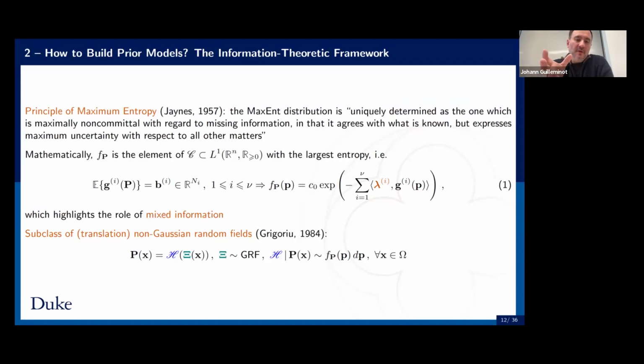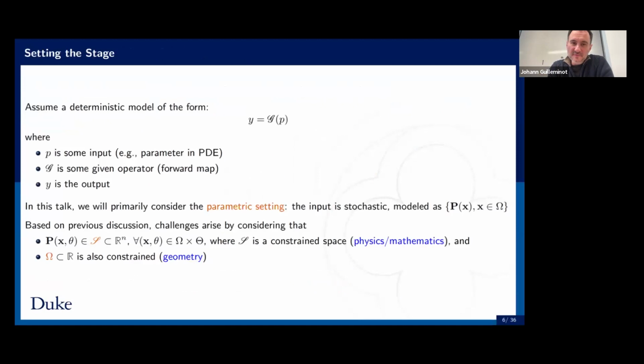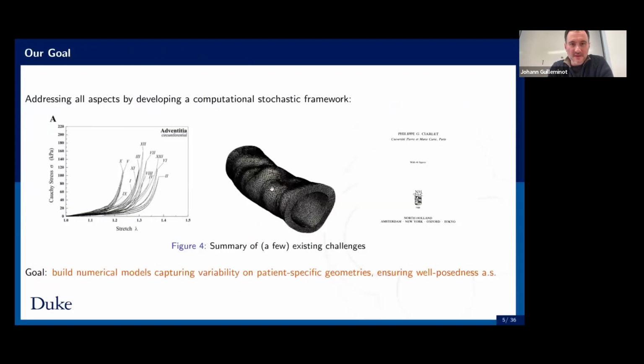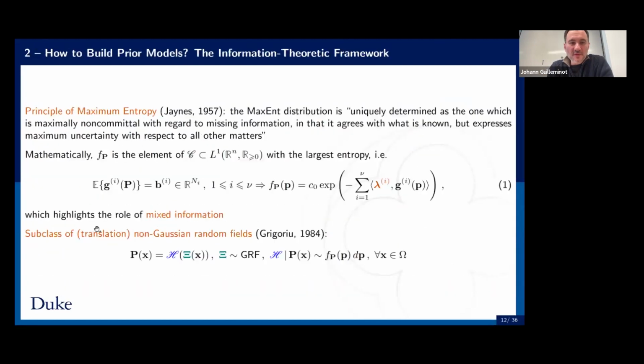Now, the way I'm going to use it, because remember, the goal is that I want to model stuff like P, okay, that are going to model this on that. To do that, I'm going to construct a subclass of non-Gaussian random fields, and I'm going to write P as this. So P, and that's a definition, right?